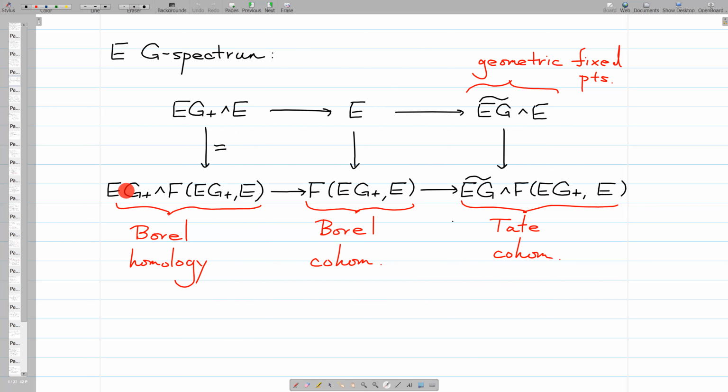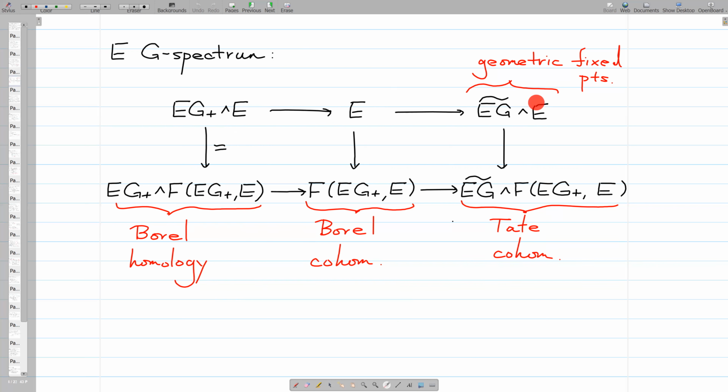So the two of them are called the Borel homology spectrum of E, and their fixed points are called the homotopy cofixed points.